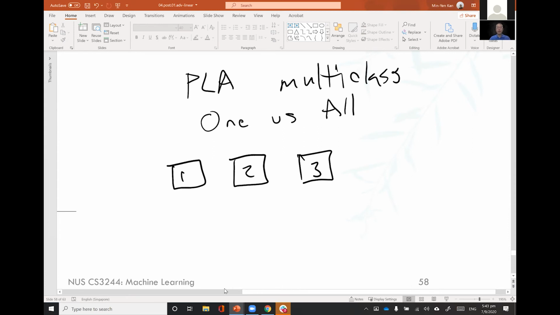Then I'm going to create 3 different PLA problems: 1 versus 2 plus 3, 2 versus 1 plus 3, and 3 versus 1 plus 2. Which means I take class 1 and treat it as a positive example, and take 2 and 3 and treat them as negative examples. I'm going to do that for all 3 of these problems.